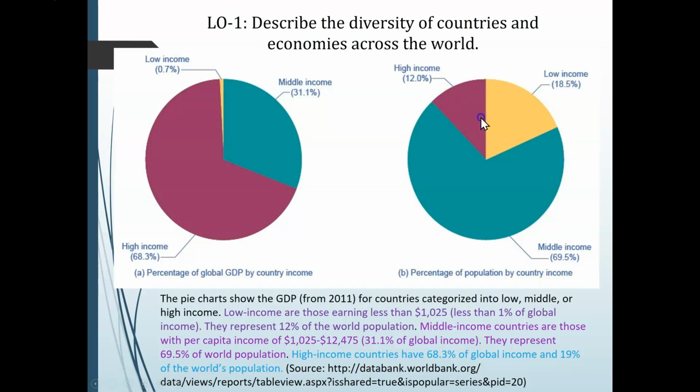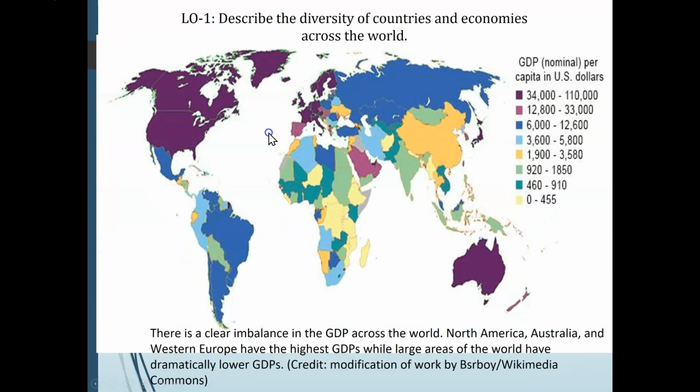High income countries, which are 12% of the countries, have almost 70% of the income. And then the lion's share of people live in countries in that middle group in 2011, 1,000 to about 12,500 income per person. And those 70% have about 31% of the world's economy.